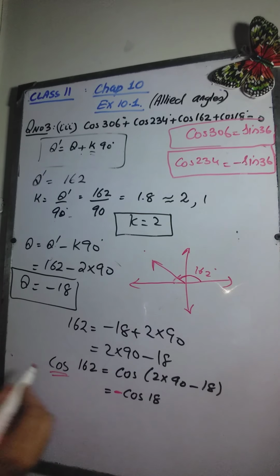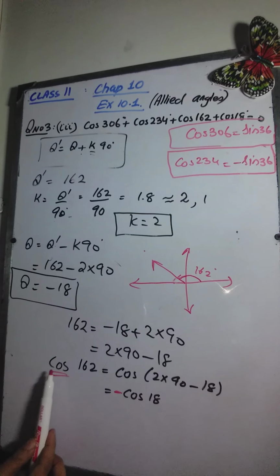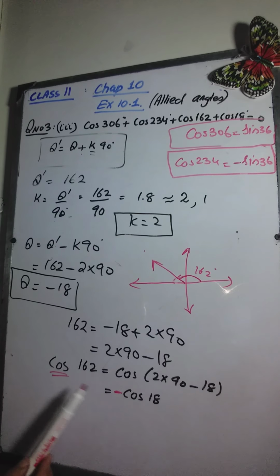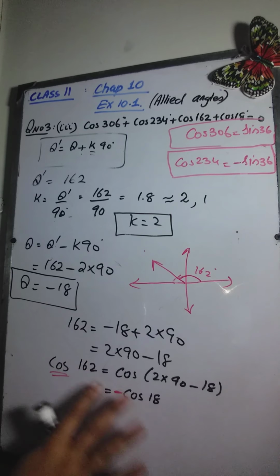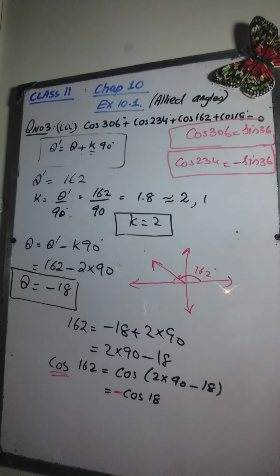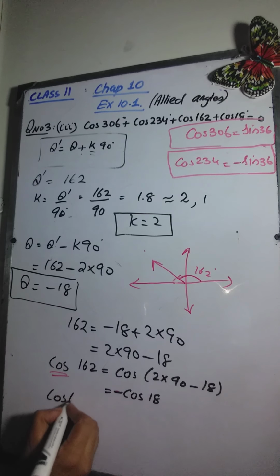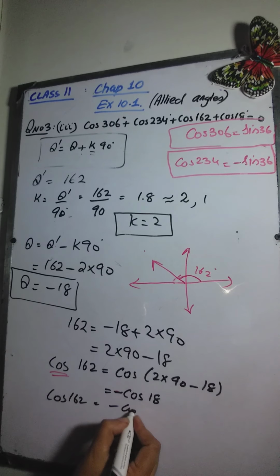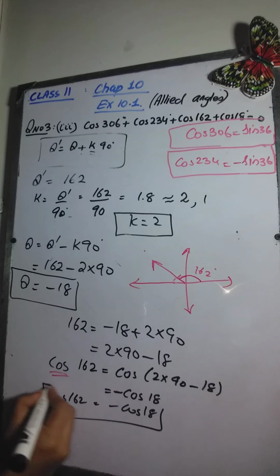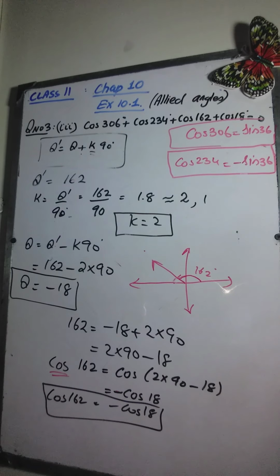You locate the angle first, and that will tell you whether this expression will be negative or positive. So cos of 162 is equal to negative cos of 18, and this is the third result that we are getting.